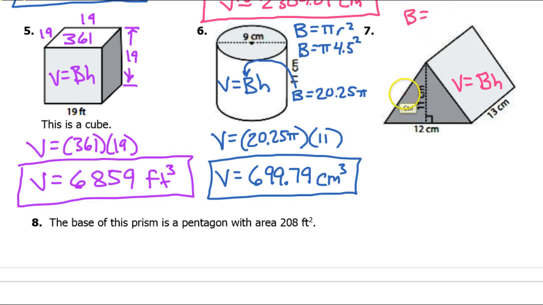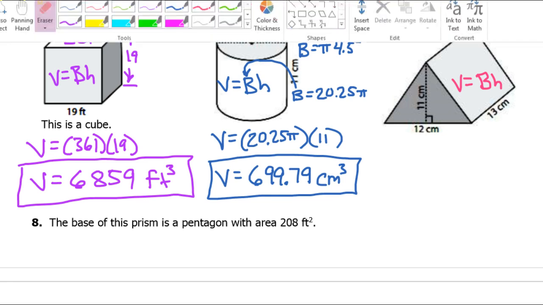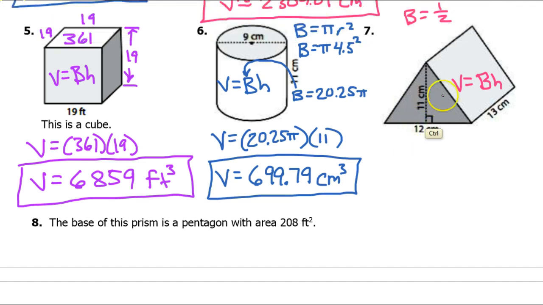So we know that the area of a triangle is 1/2 base times height. Okay, so that's going to be 1/2 times 12 times 11. All right, half of 12 is 6. 6 times 11 is 66. So that is going to go in right here.